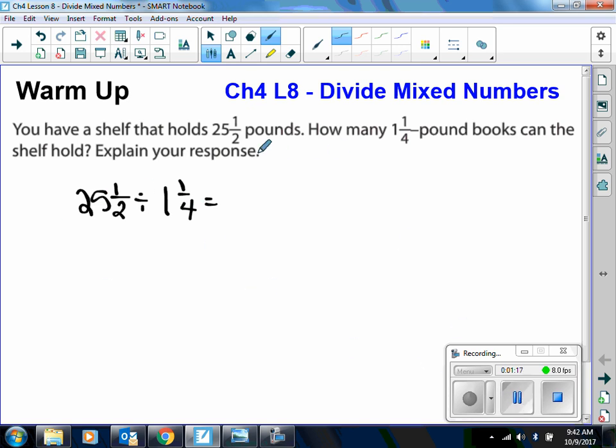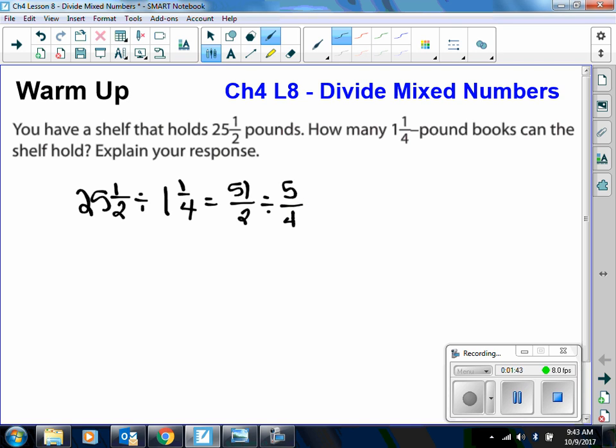Is everybody clear? So for the first one, 2 times 25 is 50 plus 1 is 51. So we have 51 over 2. And then we are going to divide. Now we need to change this to an improper fraction. So 4 times 1 is 4, plus 1 is 5.